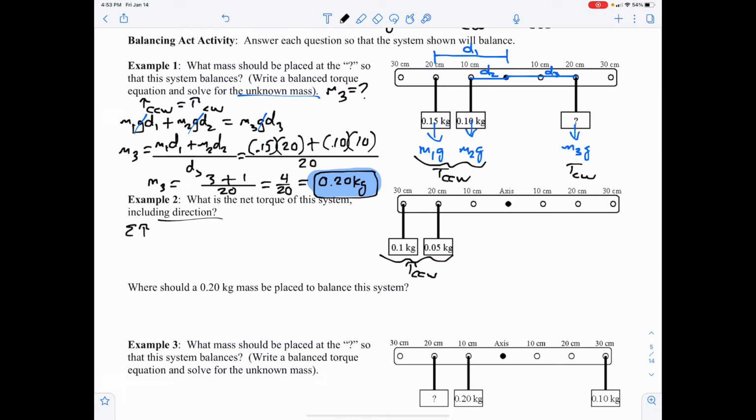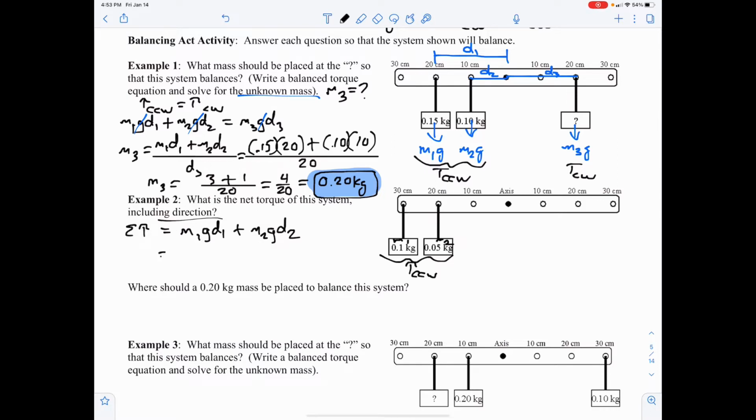So the net torque, which is counterclockwise torque, is going to be due to, we'll call this M1, we'll call this M2, and it's going to be M1 g D1 plus M2 g D2. Force times distance plus force times distance.